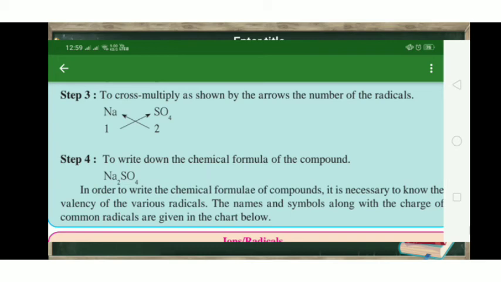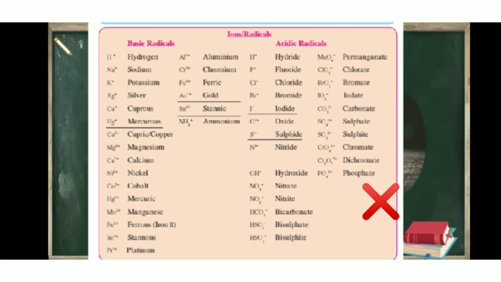So in order to write the chemical formula of compounds, it is necessary to know the valency of the various radicals. The names and symbols along with the charge of common radicals are given in the chart below. But this chart is also not in the syllabus this year, so you just read it for the information, for the knowledge, but it will not come to the exam, so don't worry.